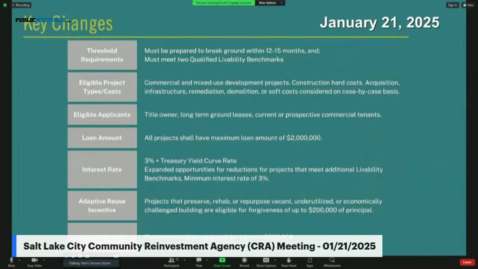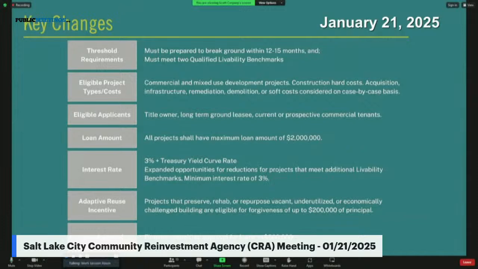So the next change that we are proposing, the current program only allows us to lend to property owners. And we found, though, that oftentimes the tenants are the driving force for some of the renovations. We'd like to expand eligibility to include tenants and ground lessees in addition to property owners, as long as the tenants or ground lessees have property owners' approval.